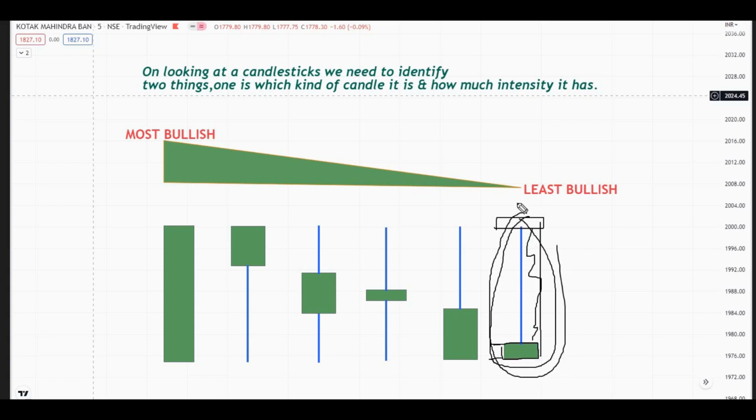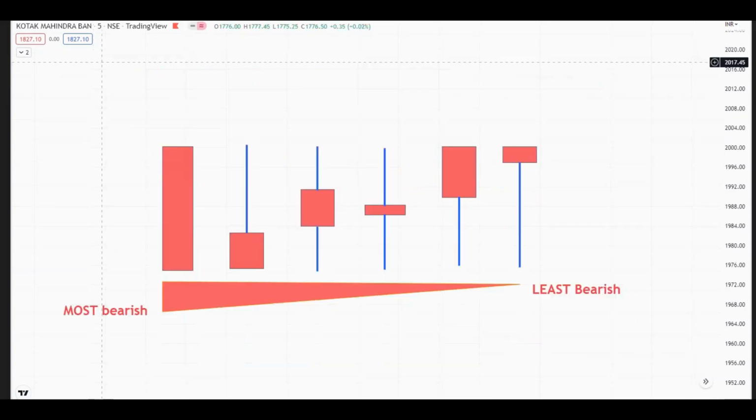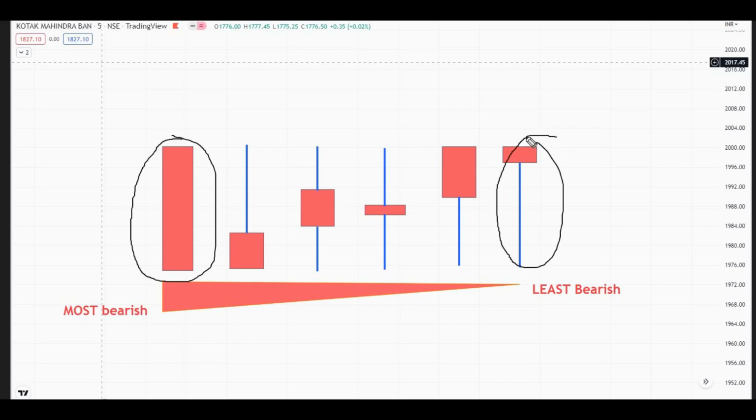Okay, so this is the graph of the bullish price behavior, and this is exactly the opposite of bullish price behavior. This is the most bearish and this is the least bearish. Because why?